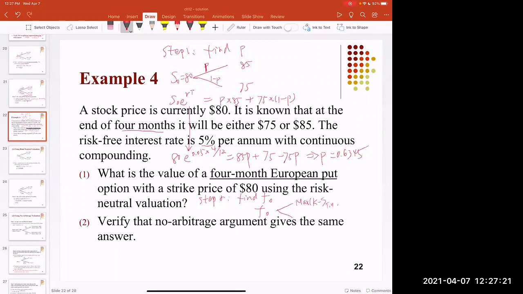When the stock price goes up, and 0 when the stock price goes down, with K minus STD for the value of the option at time t. So can you tell me what's the expected payoff when the stock price goes up or goes down?